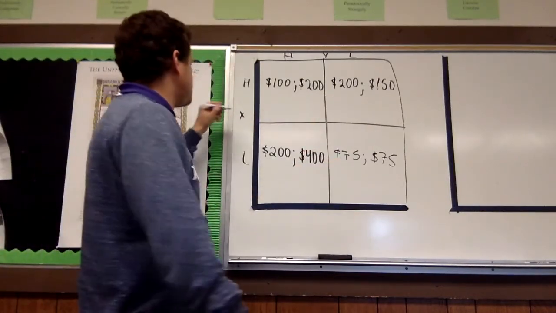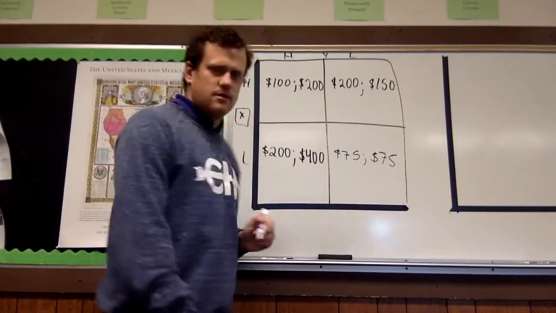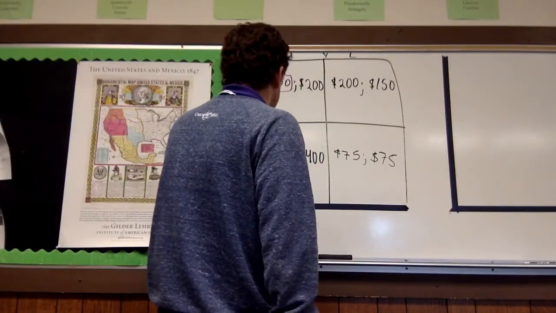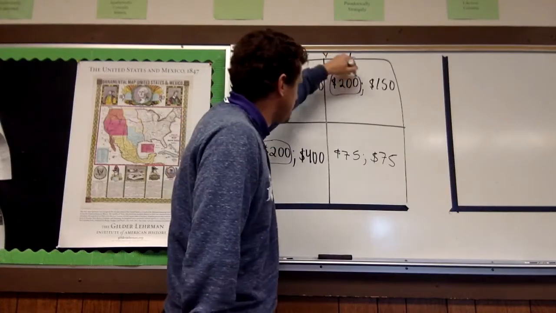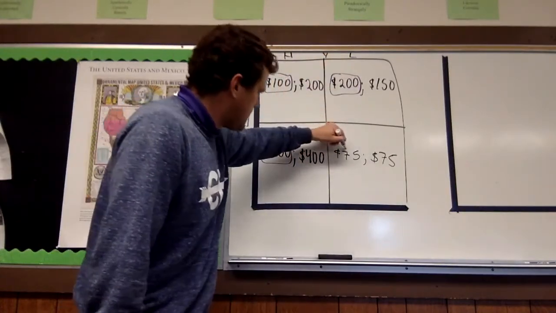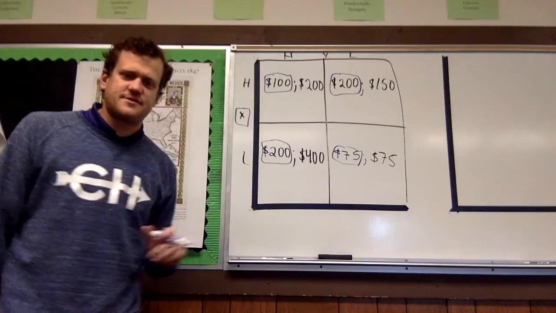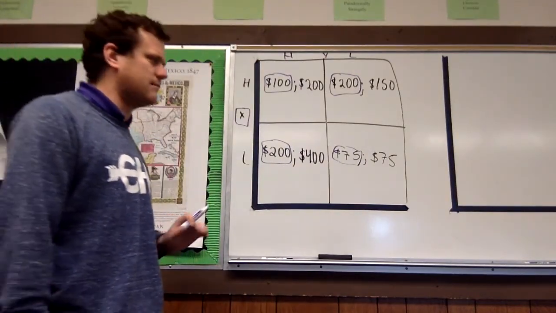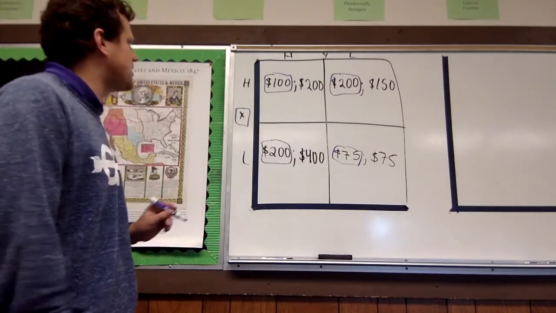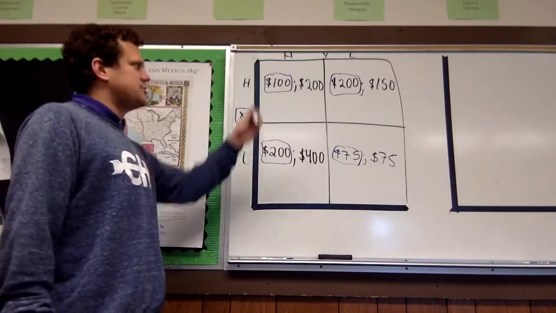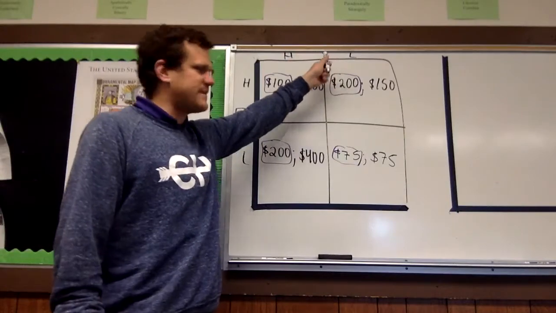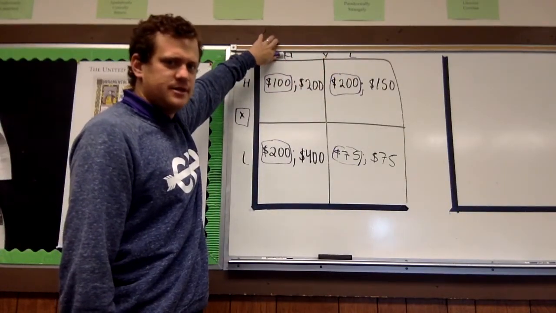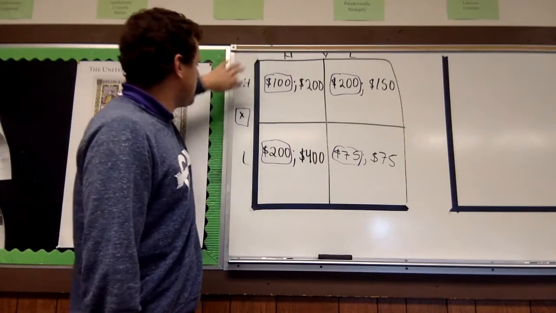What I always recommend is putting a box around the X and then putting a box around the left-hand numbers just to differentiate between the two payoffs that we're going to get between these two companies.